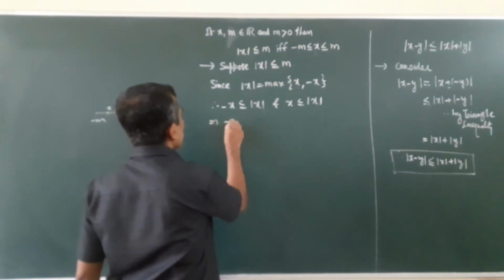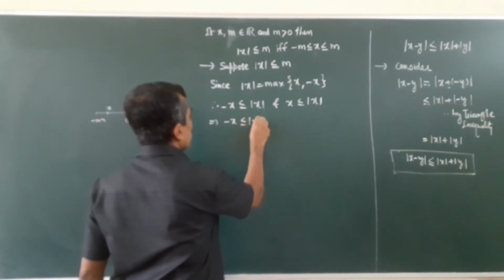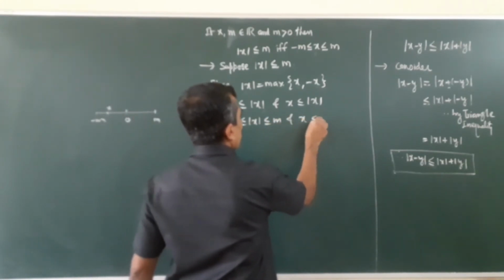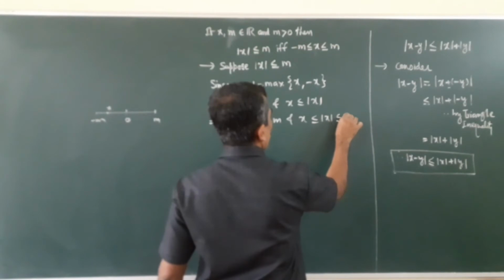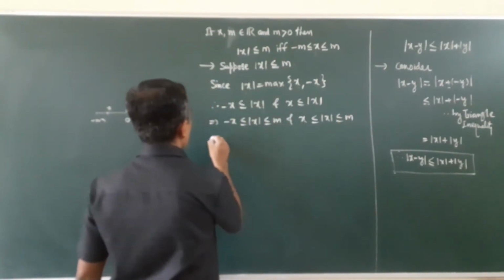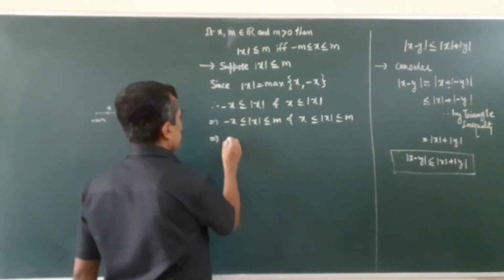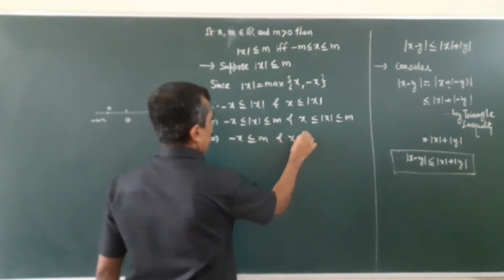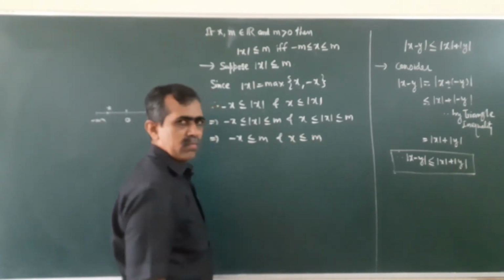So minus x is less than or equal to mod x, and mod x is less than or equal to m; x is less than or equal to mod x, and mod x is less than or equal to m. This implies minus x is less than or equal to m, and x is less than or equal to m.